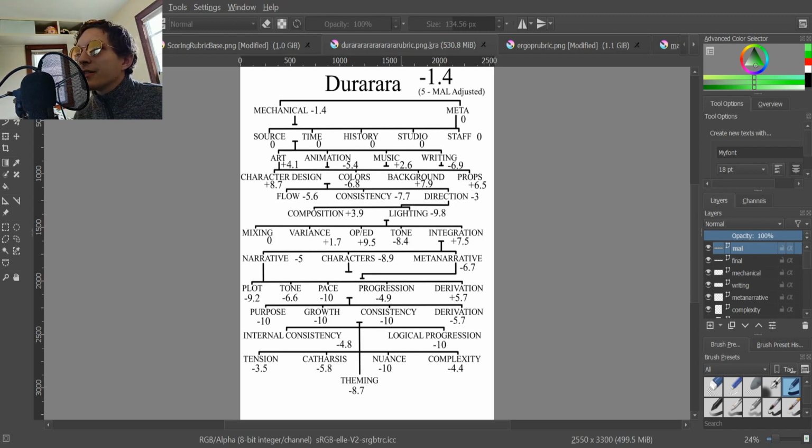This maladjusted score, which I love the name of, a play on words, it's great, I think it's hilarious. This allows you to say, it's a -1.4, but that translates to a 5 on MAL, average, right? This keeps things from getting wildly out of control and people coming down on you for rating something in the negative category, right? So that's what that is for.